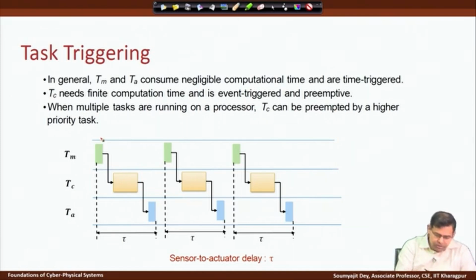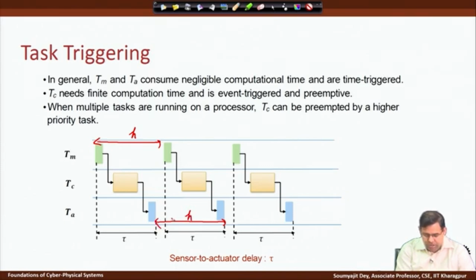They are always going to happen at this regular interval h, not only for the sensor but also for the actuation. So your design should be such that this would always be triggered from here.